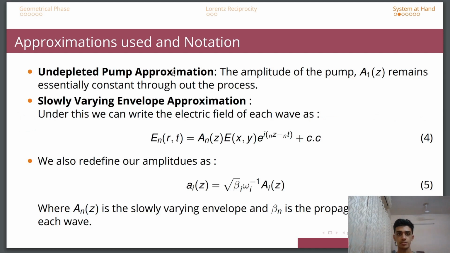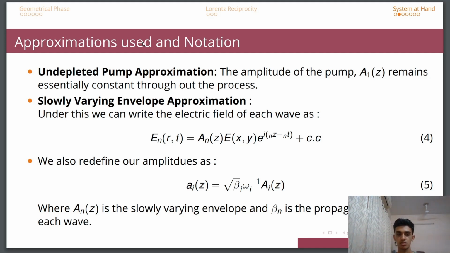We have used some approximations and notation. I just discussed what the approximations are. These are the ones we usually use and the notation that we'll be following. First, the undepleted pump approximation: the amplitude of the pump A1 remains essentially constant throughout the process. Under this, we can write the electric field.